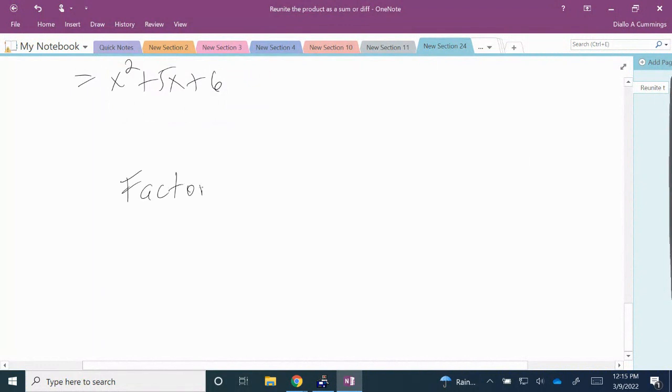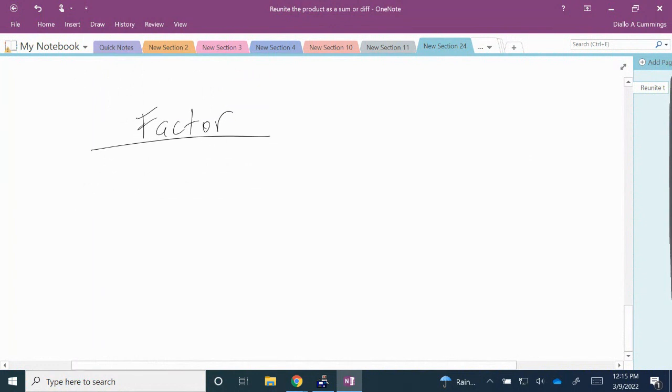We're asked to factor 2 cosine squared x minus cosine x minus 1.